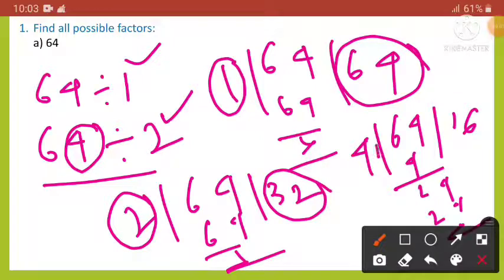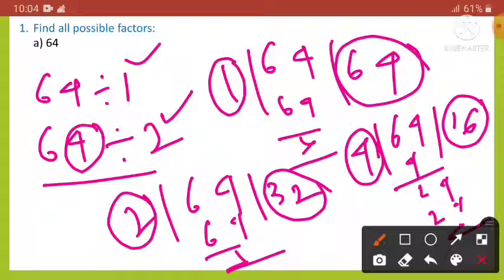That means we have other factors of 64, 4 and 16. Again if we divide 64 by 5, it is not divisible by 5. Then if we divide 64 by 6, 64 is not divided by 6, so 6 is not a factor. Then if we divide 64 by 7, we will have a remainder, that means 7 is not a factor of 64.